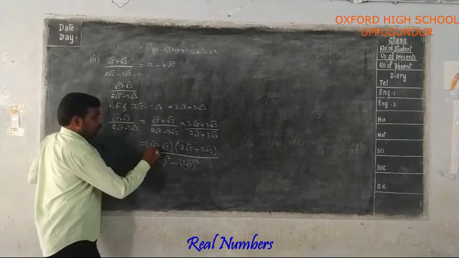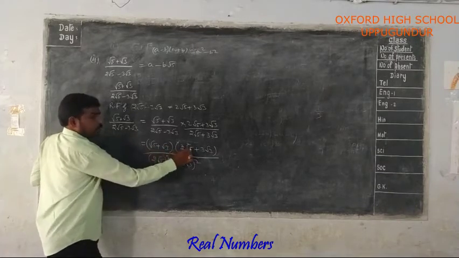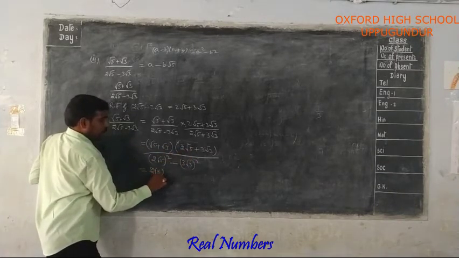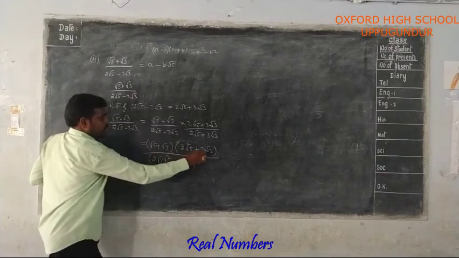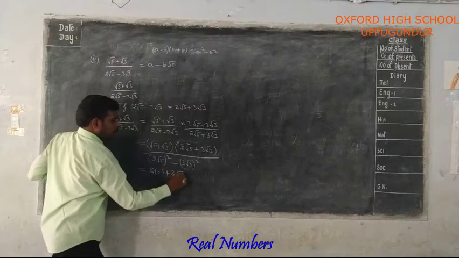Now root 5 into 2 root 5, you will get 2 into 5, plus root 5 into 3 root 3, which is 3 root 15.